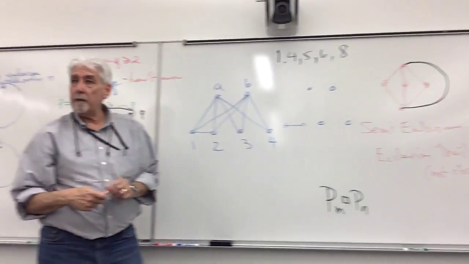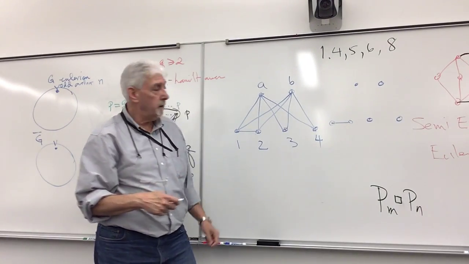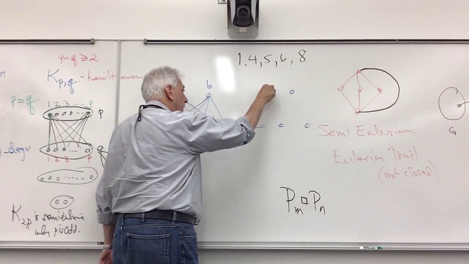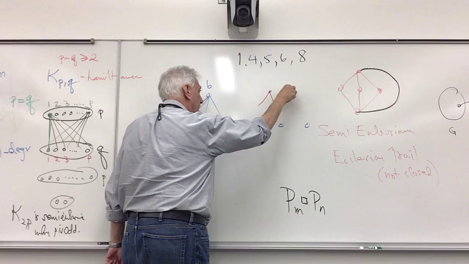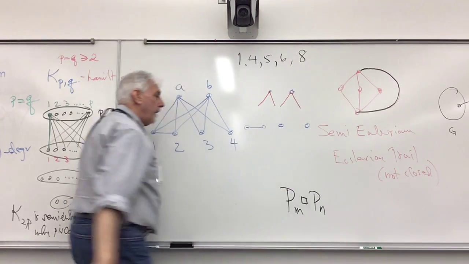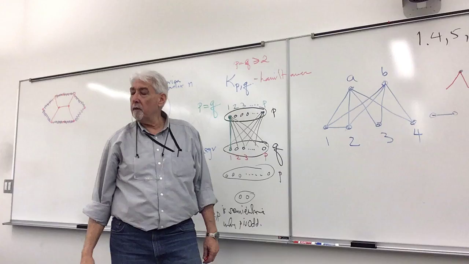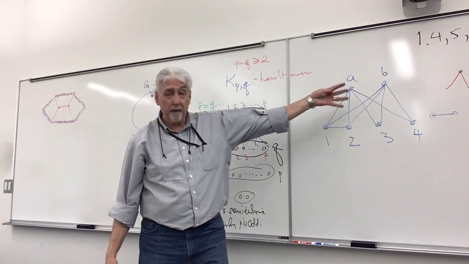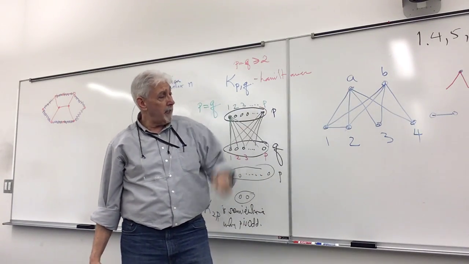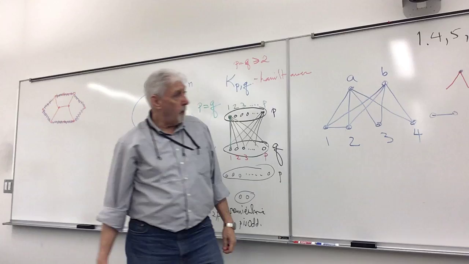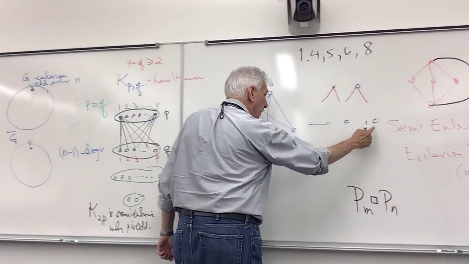Now, if there was a Hamilton cycle, there would be 4 edges out of those 2 vertices, and those 2 vertices are adjacent to everything. So there would be 4 edges out of those 2 vertices going to how many pieces?